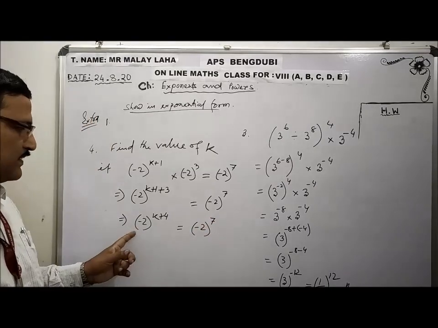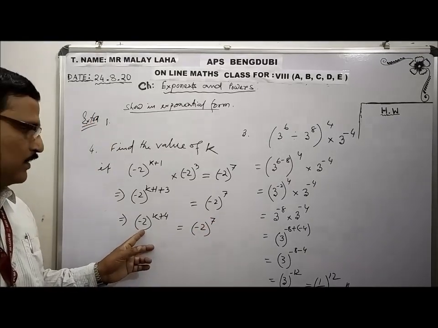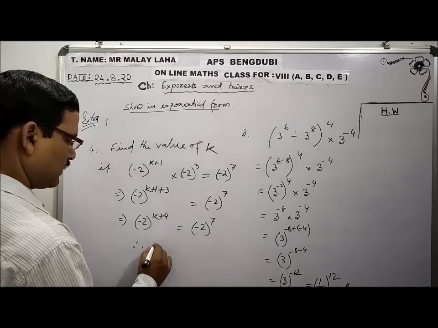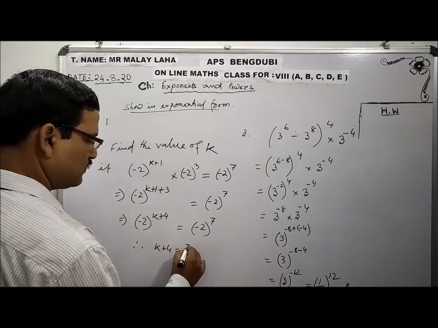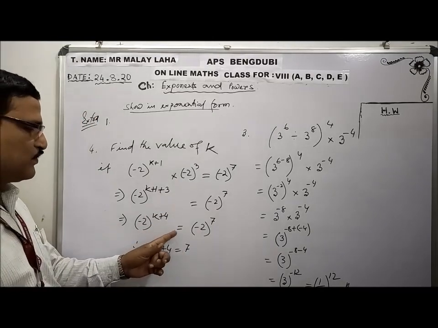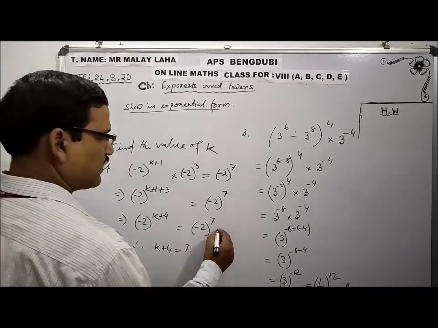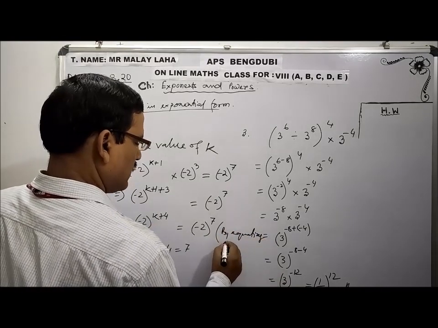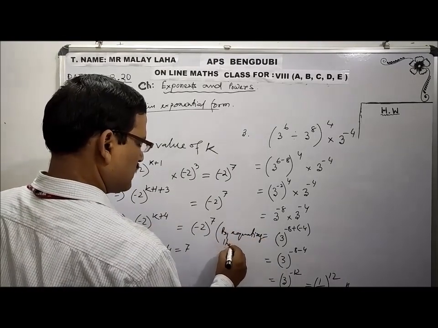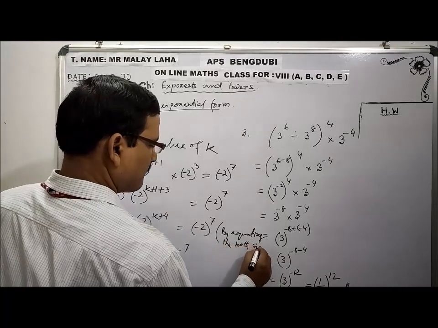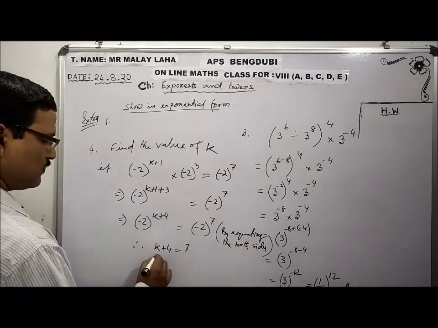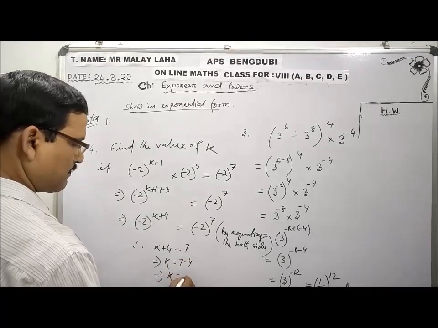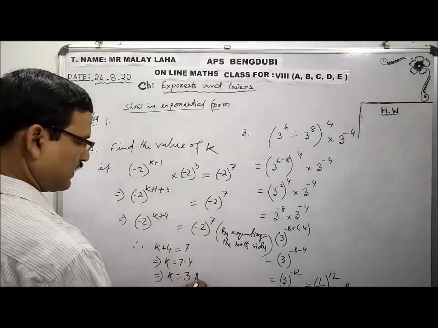On both the left hand side and right hand side the base is the same, so by equating the powers, k plus 4 should equal 7. Where the base is the same and the equal sign is there, the powers must be the same. So k equals 7 minus 4, or k equals 3. So the answer, the k value, is 3.